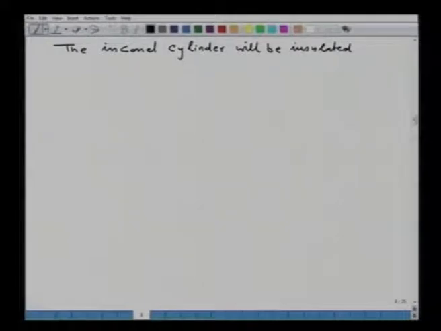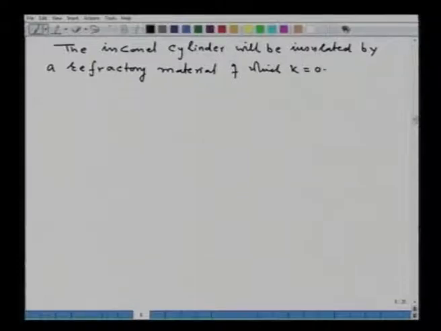Now, the inconel cylinder will be insulated by a refractory material of which K is equal to 0.3 and emissivity equal to 0.8.